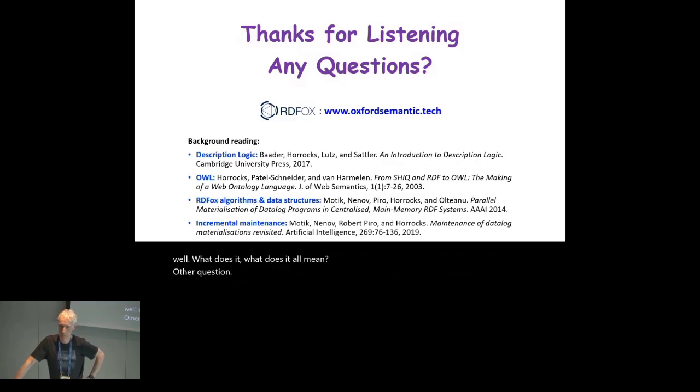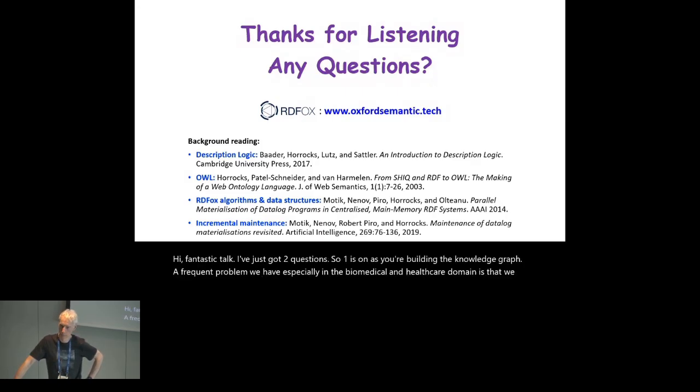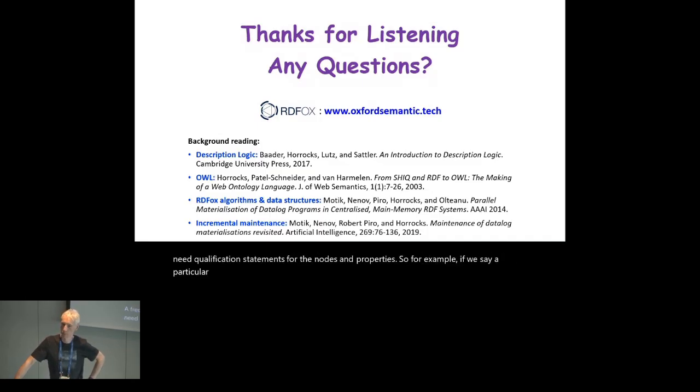Hi, Ian. Fantastic talk. I've just got two questions. One is, as you're building the knowledge graph, a frequent problem we have, especially in the biomedical and healthcare domain, is that we need qualification statements for the nodes and properties. For example, if we say a particular drug causes a side effect, there's going to be another 100 articles that say, no, it doesn't cause that side effect.